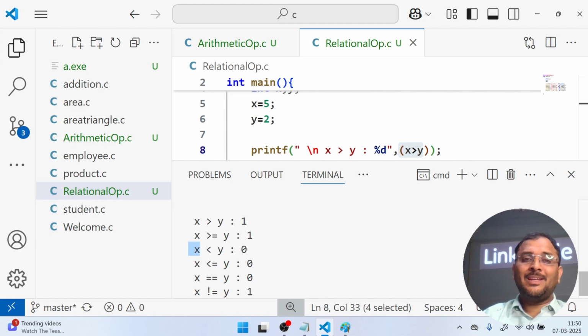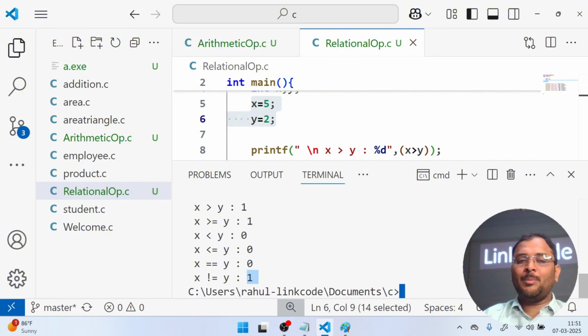Then 5 is less than 2? No, it's false. 5 is less than or equal to 2, again false. 5 is equal to 2 is also a false value because both are not equal. But 5 and 2 are not equal, yes, then it's true. Remember this. So the answer is 1 1 0 0 0 1.